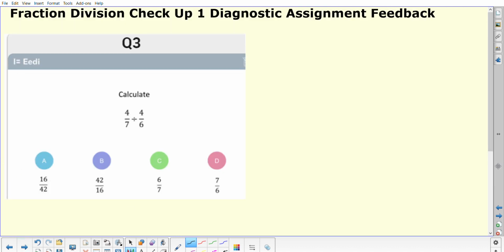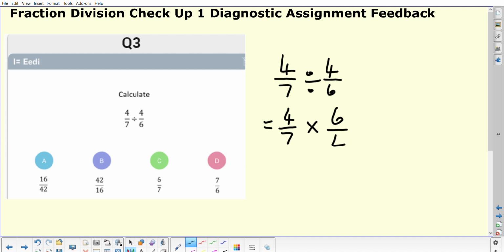So for question 3, we were doing 4/7 divided by 4/6. So using keep the first fraction, switch the sign from divide to times, and you flip the second fraction, becomes 6/4.